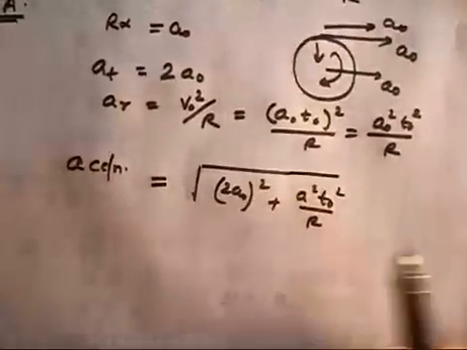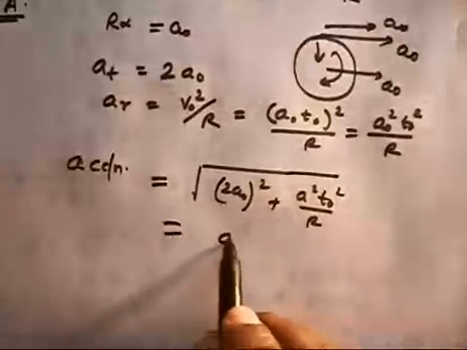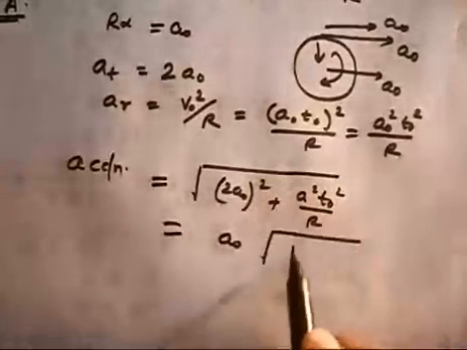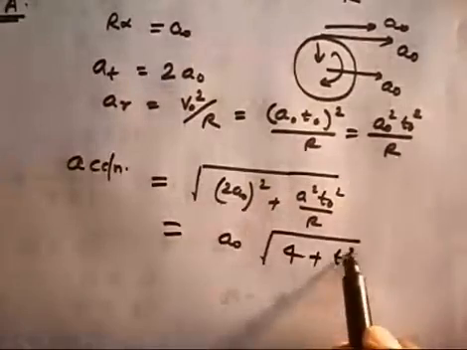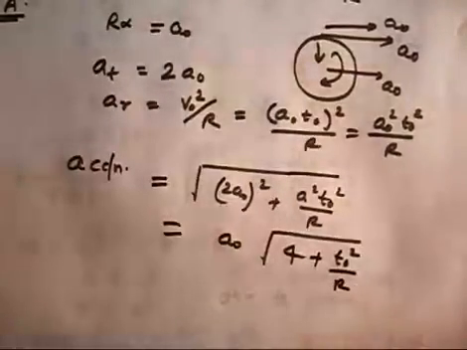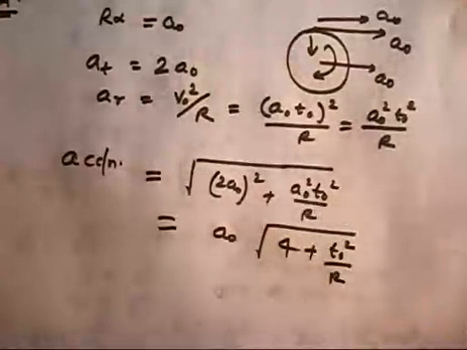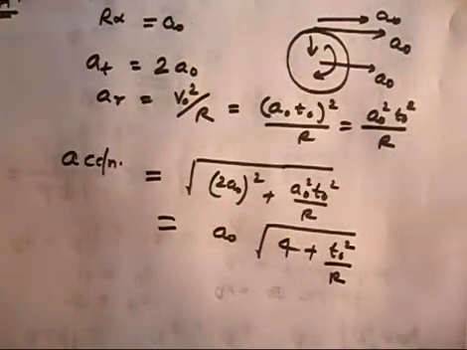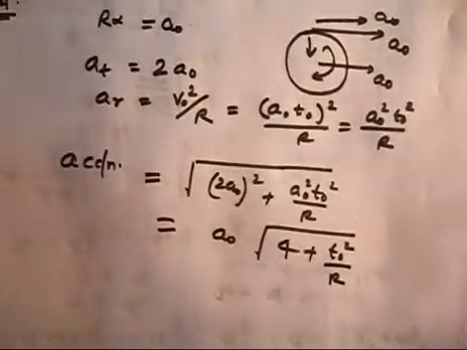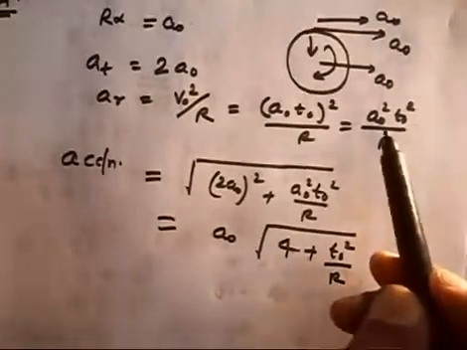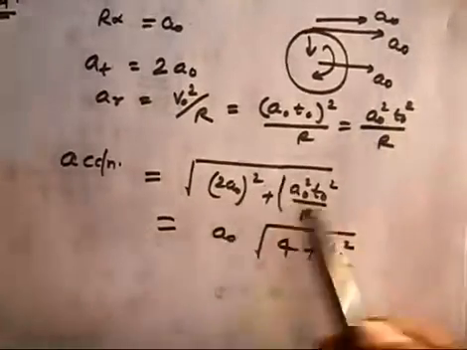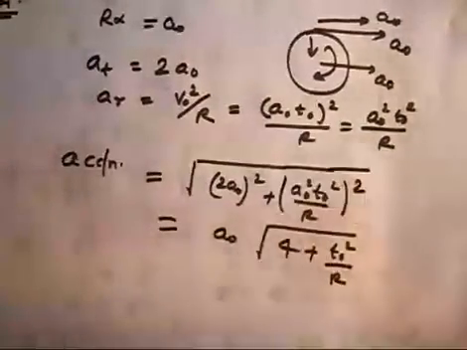Are you getting or not? Now if you take a naught common, you will have 4 plus t naught square by r. Basically there is a correction. You see here you will have the radial acceleration whole square. So this is whole square.